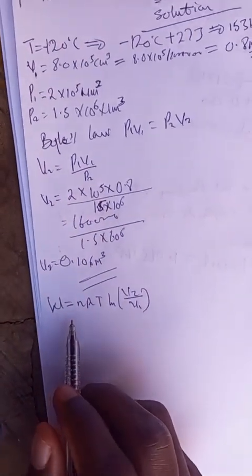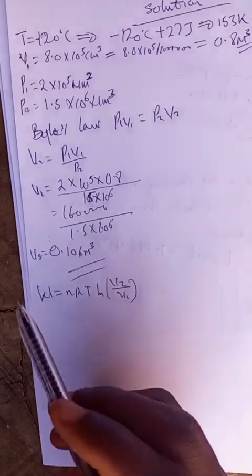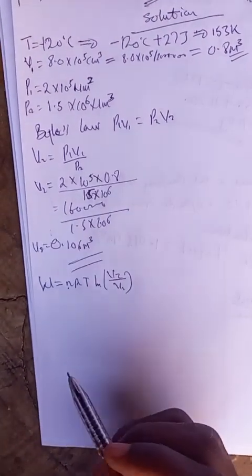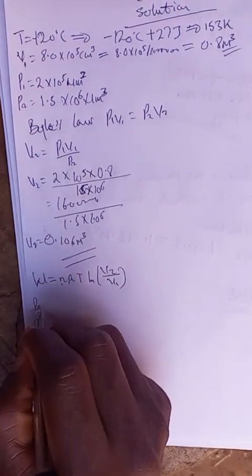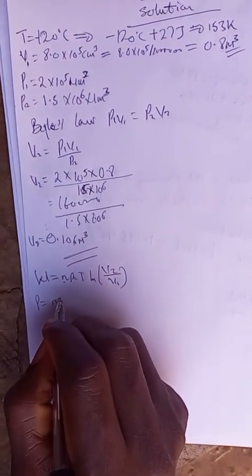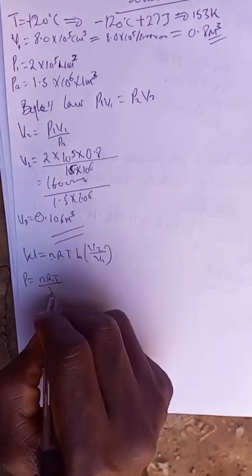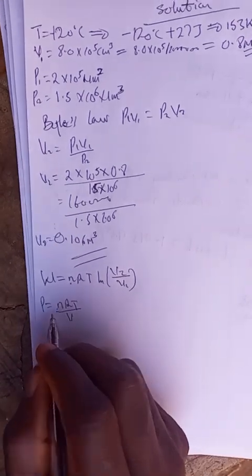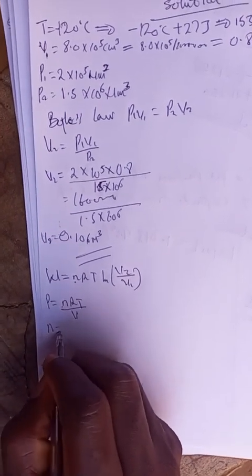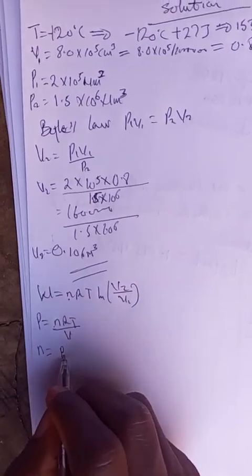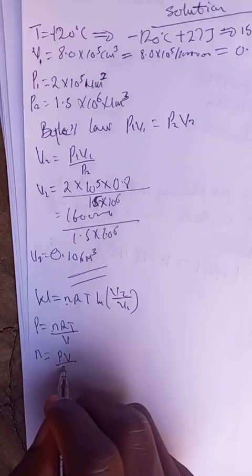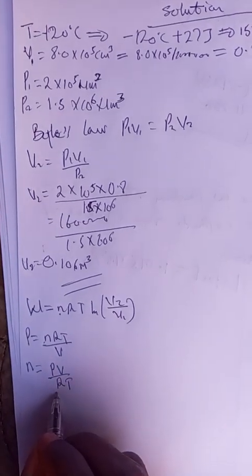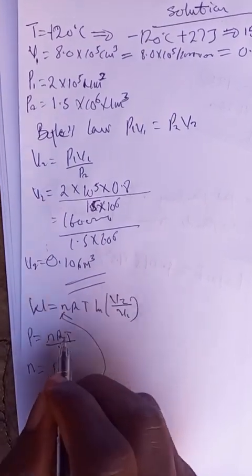Another problem we have is that we don't have the number of moles. To get it, we go back to the ideal gas formula, P = nRT over V. If we make the number of moles the subject of the formula, then n is equal to PV over RT. We substitute this PV over RT for n in this formula.